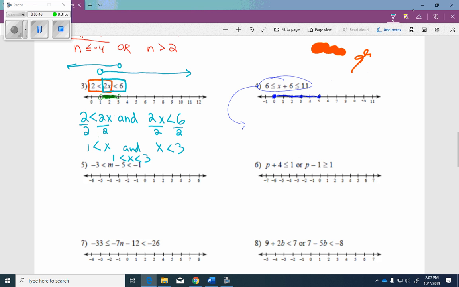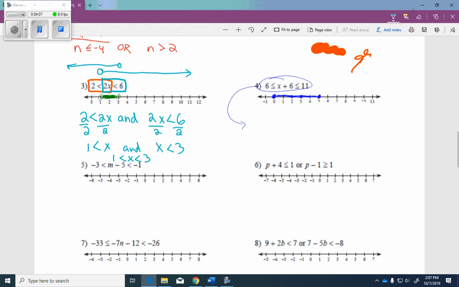And then when I squeeze these two together, the overlap happens to be what I have in green here. So that's really what we learned how to do. We solve two inequalities separately, and if it's an and statement, it's the overlap. If it's an or statement, remember only one piece has to be true.